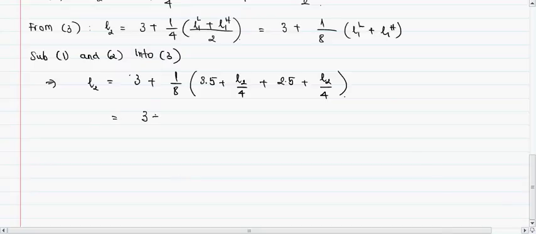Now 3.5 plus 2.5 is 6, and L2 on 4 plus L2 on 4 is L2 on 2. So if I expand everything, I get 3 plus 6 on 8, which is 3 on 4, plus 1 on 16 L2, and 3 plus 3 on 4 is 15 on 4.